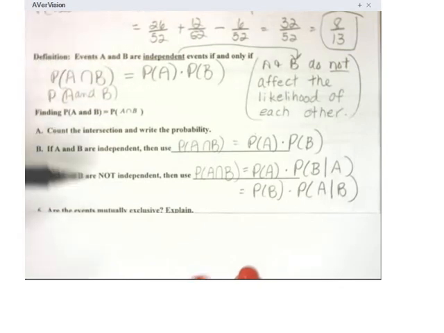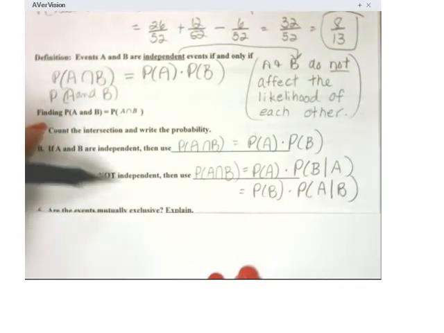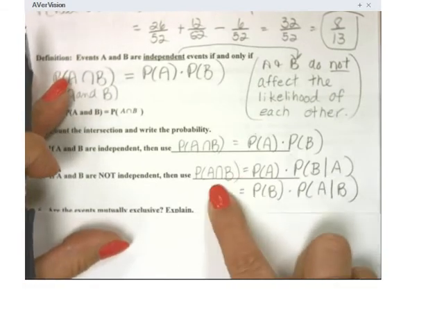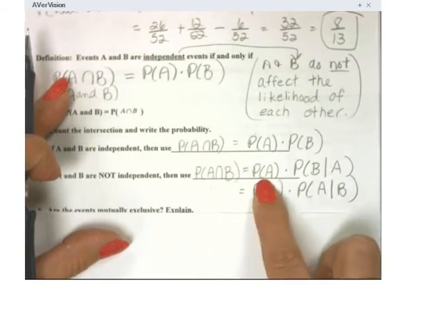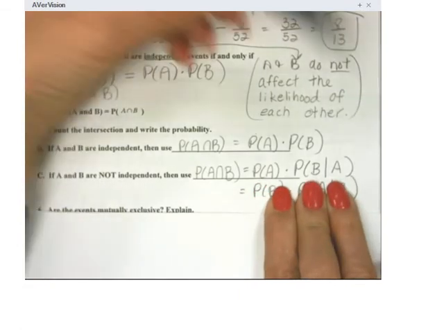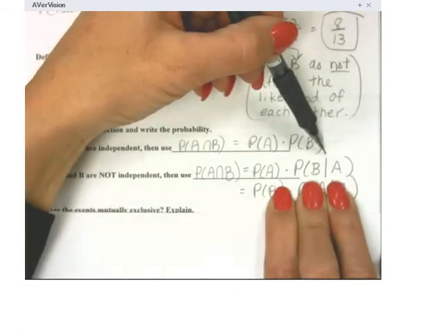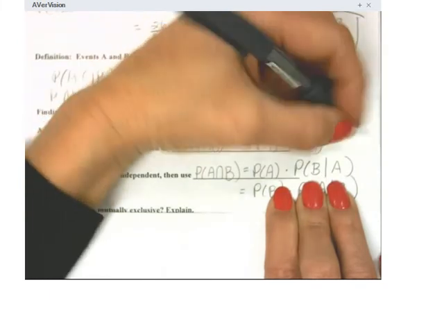On the other hand, if you know that A and B are impacting each other, that they are affecting each other somehow, then to find the probability of the intersection, you find the probability of the first one, and then you find the probability of B, and then you write a line down, and that means the word given.